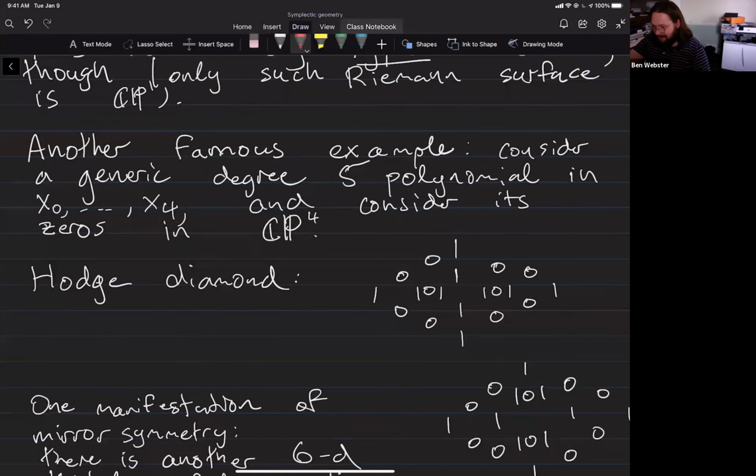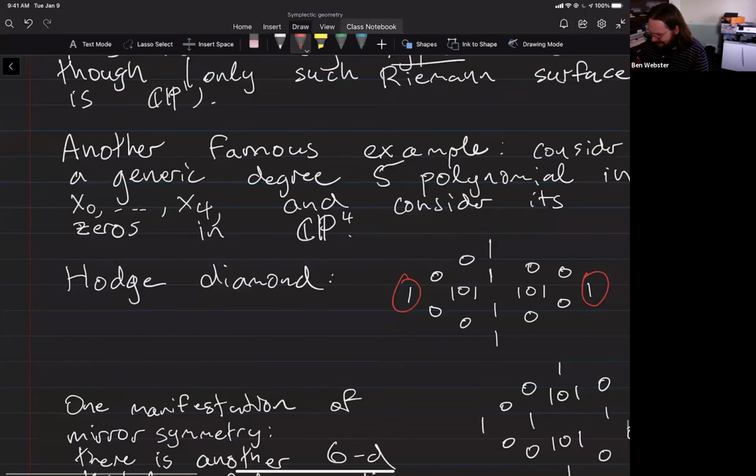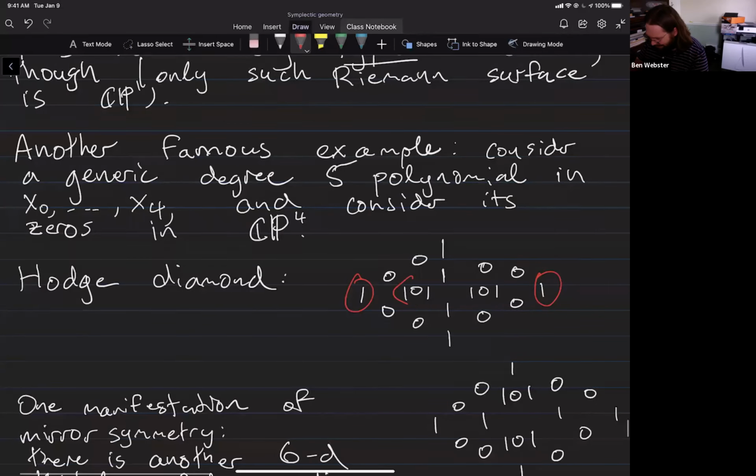Those ones are actually manifestations of the fact that this is Calabi-Yau, which we'll discuss a little bit later. For now, Calabi-Yau means that I have a 1 at this outer edge of the Hodge diamond, the very far left column that only has 1 entry in it. And then there's this crazy entry, which is 101.